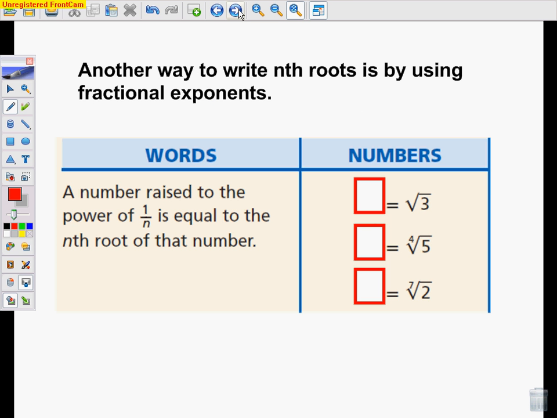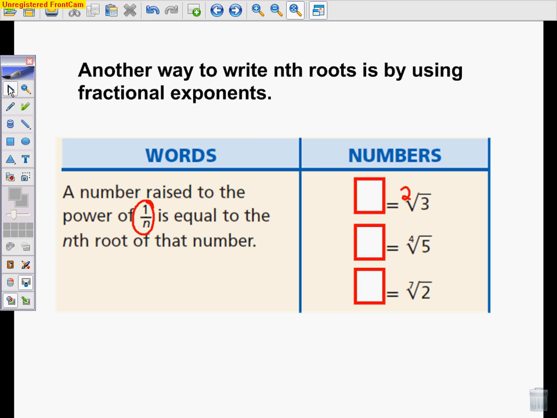All right, another way to write nth roots is by using fractional exponents. A number raised to the power of 1 over n is equal to the nth root of that number. So, for example, we can rewrite the square root of 3 with an exponent. Now, recall that the square root of 3 has an index of what? 2.